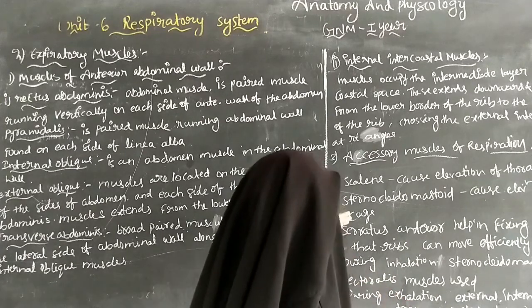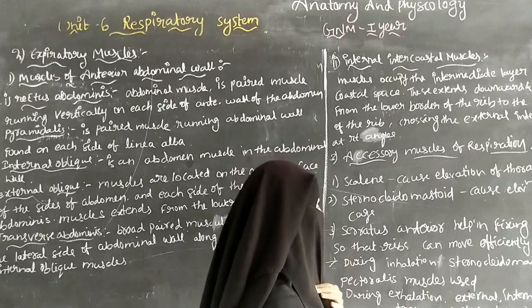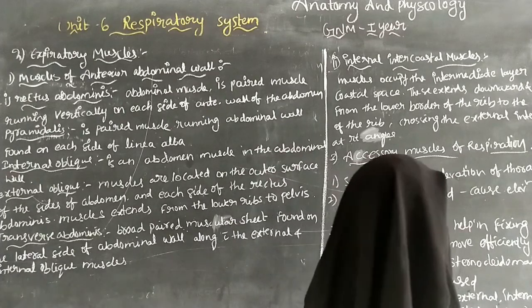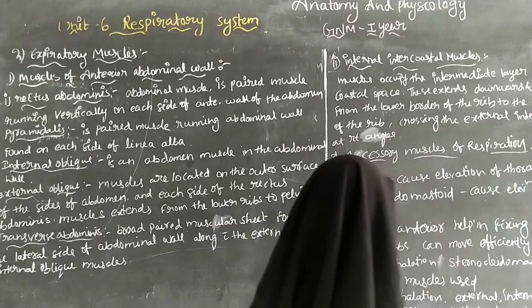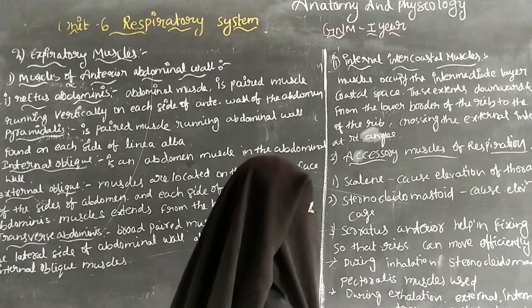Next one is the serratus anterior muscle. It helps in fixing the thoracic cage so that the ribs can move efficiently.